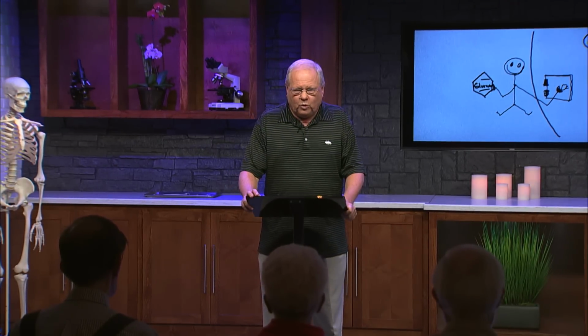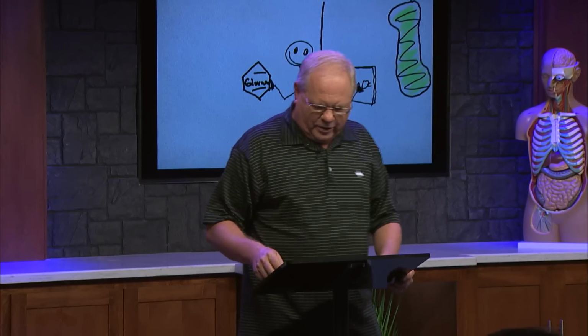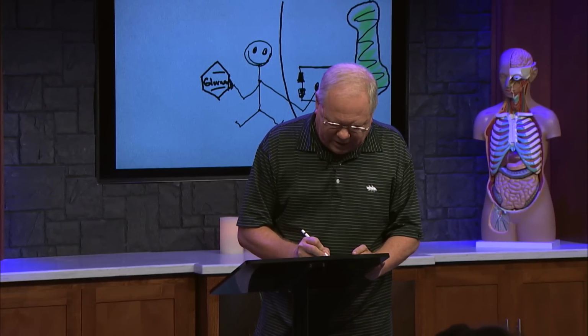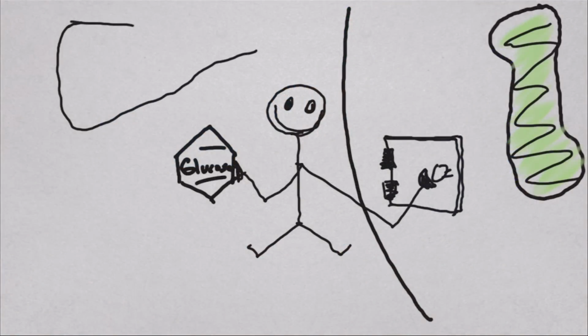Now, where does insulin come from? The pancreas. Yeah. So let's draw a pancreas here. And let's see if we can color that a little bit there.